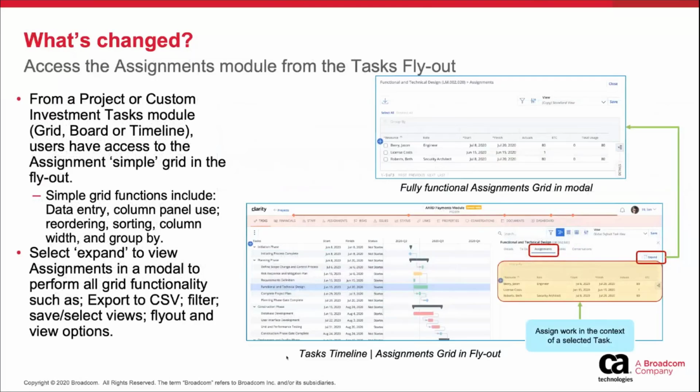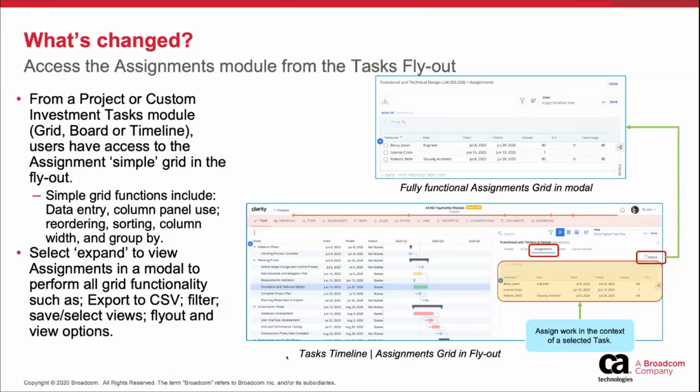Accessing the assignments module from the task flyout. Here's an example. In the lower part of the page here, for a project or custom investment task module, if I'm on a grid or a board or a timeline, I can bring up the flyout and access that simple grid, meaning it's got a smaller set of capabilities: data entry, anything you do with the columns to add them, move them, reorder them, group by, sorting, all that.